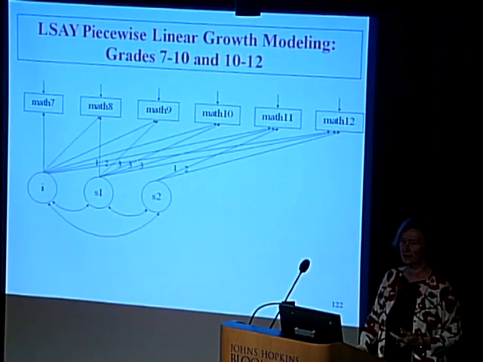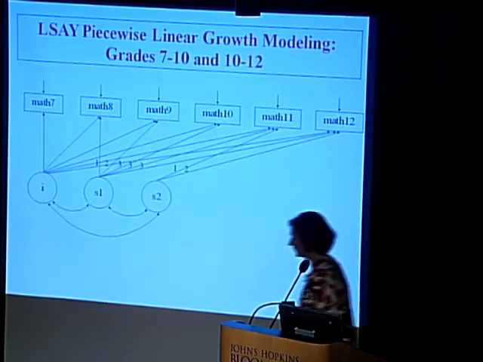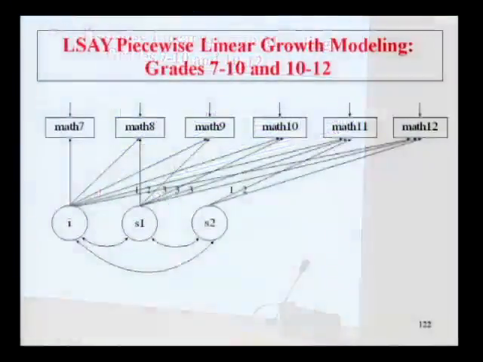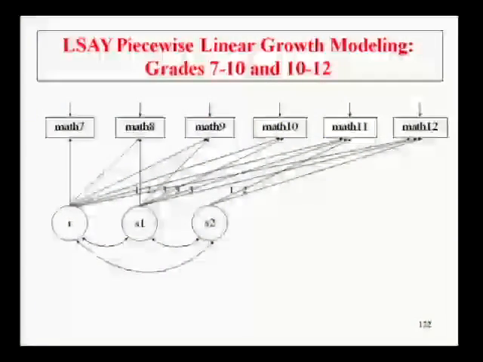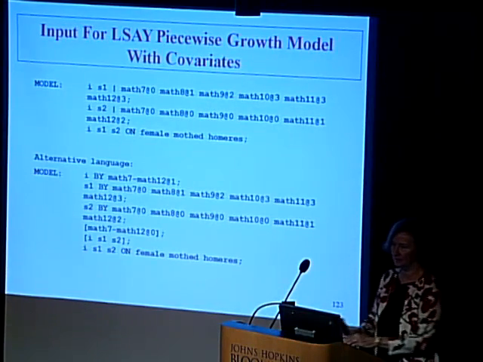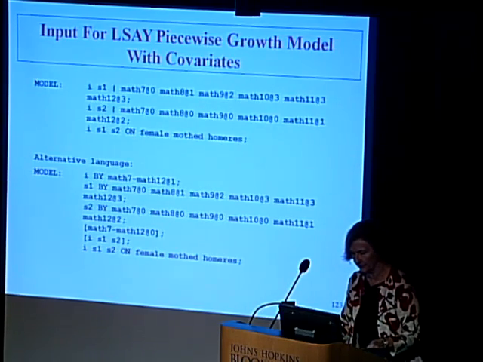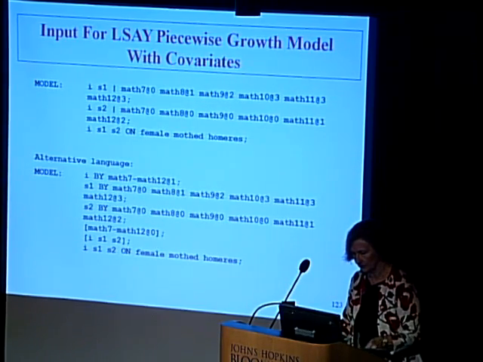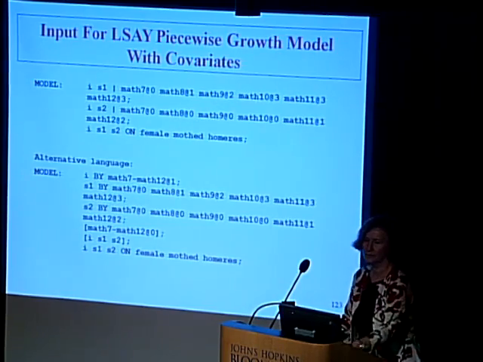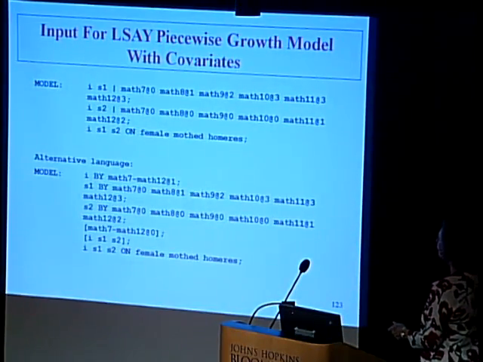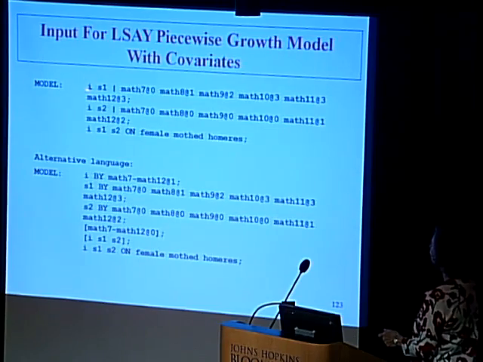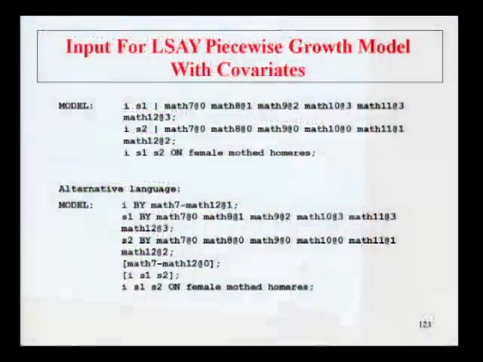Now we're going to take a look at a nonlinear growth model for the Math 7 through Math 12 that we talked about earlier, where we let the time score be free. So how would we set that up? So we said that we would have one intercept growth factor for a piecewise and two slope growth factors.